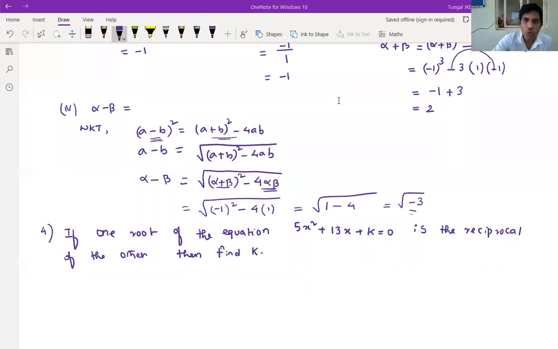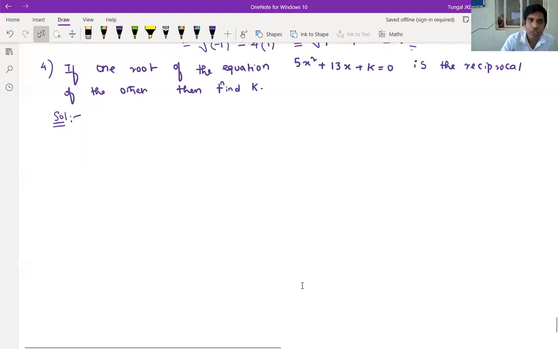Right. If one root of the equation 5x square plus 13x plus k is equal to 0 is the reciprocal of the other, then find k. So once observe the solution. Right. So what is the quadratic equation given here? 5x square plus 13x plus k is equal to 0.